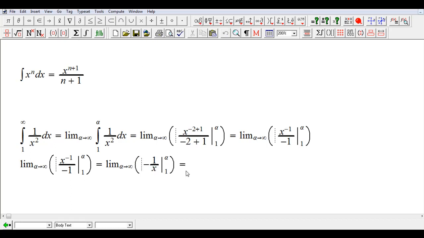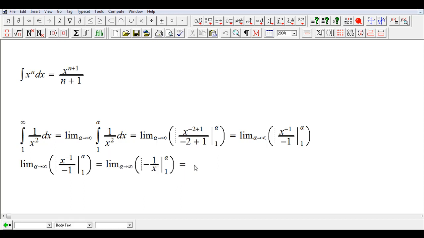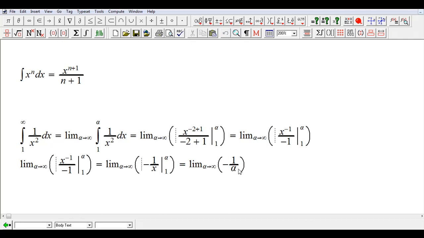If I put the limits in, it'll be negative 1 over alpha, then minus negative 1 over 1.